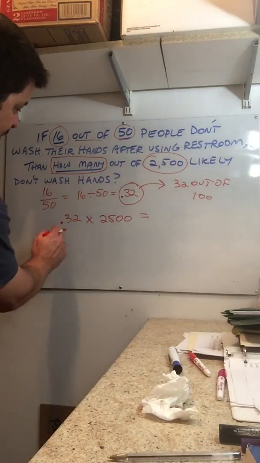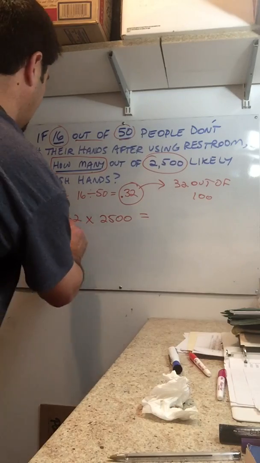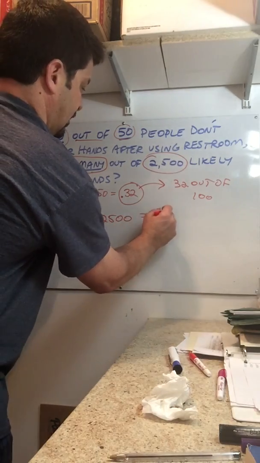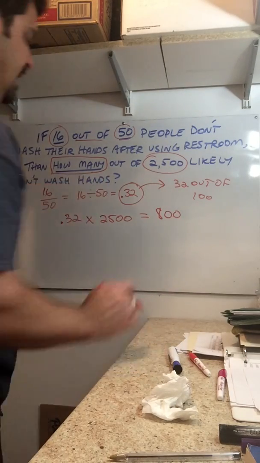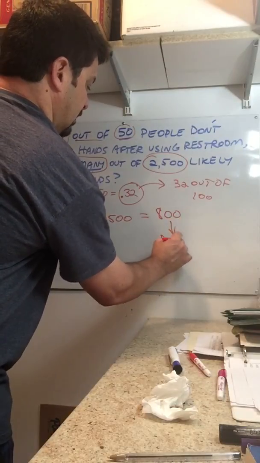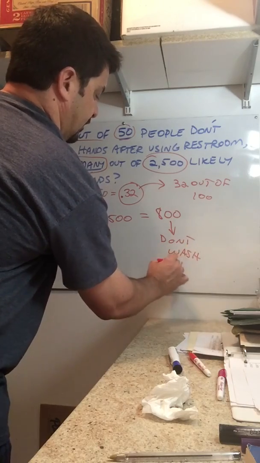So we're going to take 0.32 times 2,500, and when we do this in our calculator, we get 800. That's our answer to this question. 800 don't wash hands.